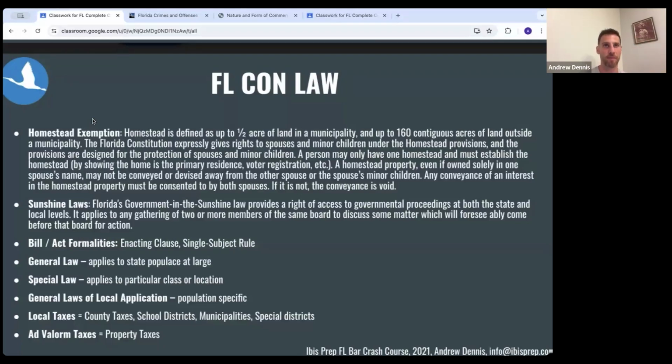My prediction is property, pretty ugly property essay, and then family law. And that's just based on last time they did contracts, torts, they did federal con law, and they did that Crim Pro Fourth, Fifth, Sixth Amendment one. So just kind of thinking they didn't do family law, they didn't do property, they haven't done Florida con law in a couple times.